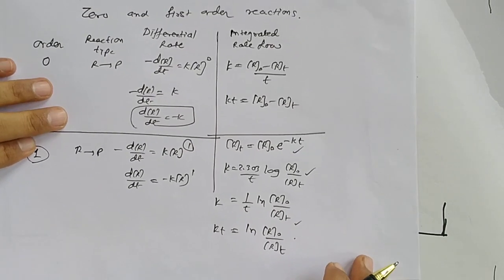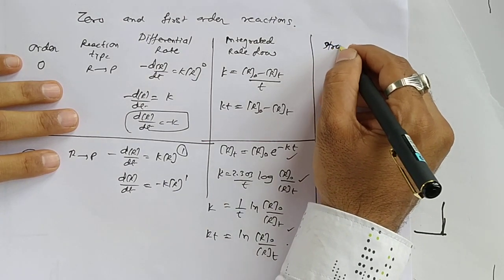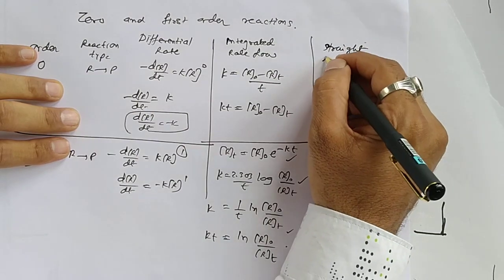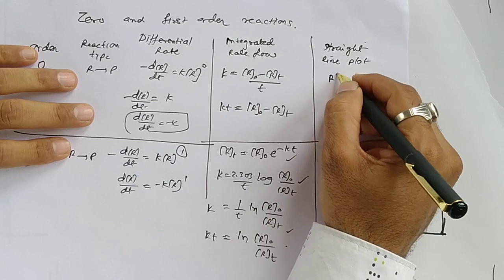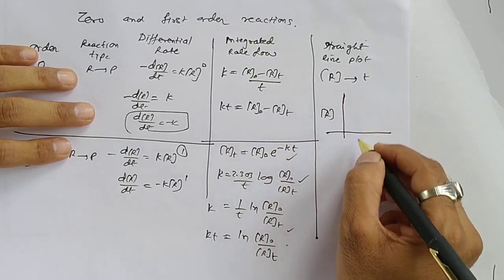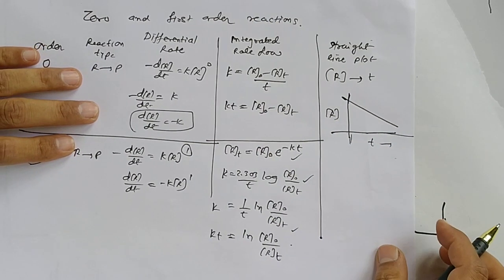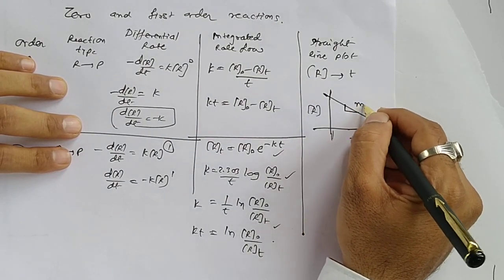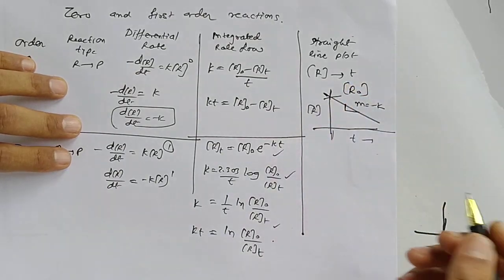Now straight line in graph. Straight line plot, R versus t. When we take R on y-axis and t on x-axis, we get a straight decreasing line here, and slope of it gives K. Intersection on y-axis gives R0.